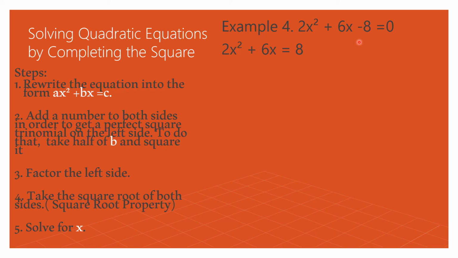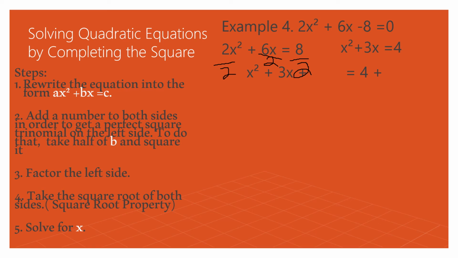Mag-add lang tayo ng positive 8, both sides of the equation. And then, magdi-divide tayo ng 2. Okay. This is now 1. 2 divided by 2 is 1. So what we have now is x squared plus 3x is equal to 4.